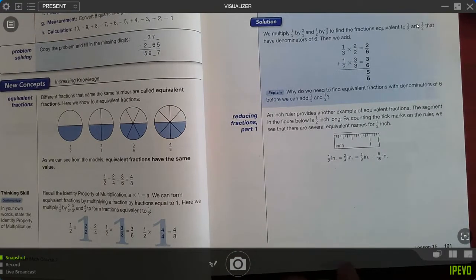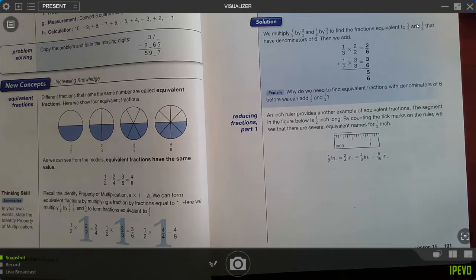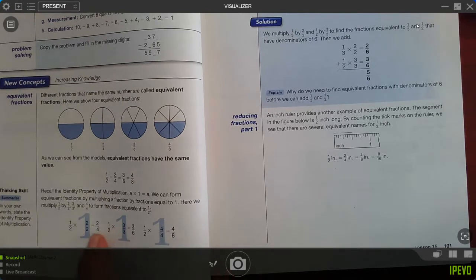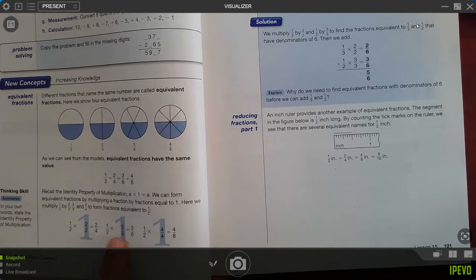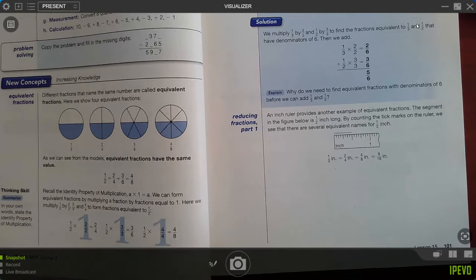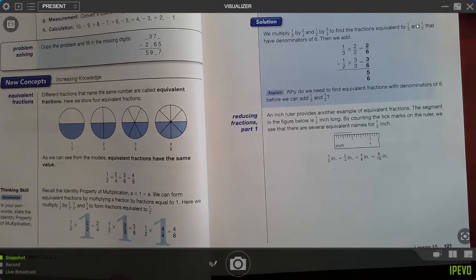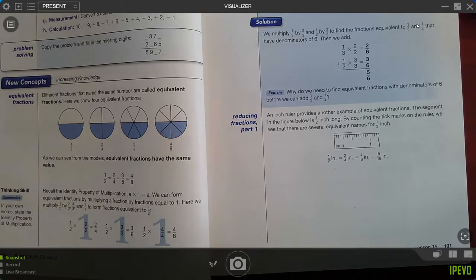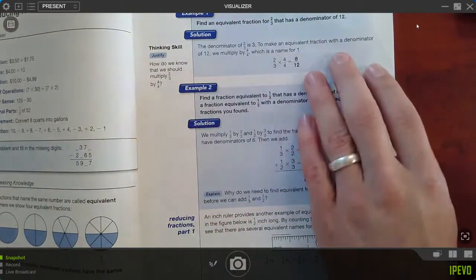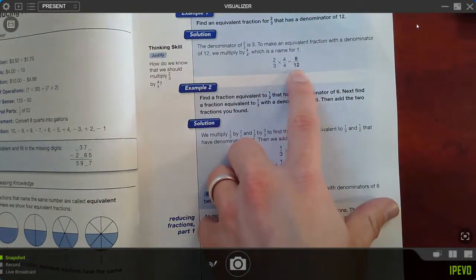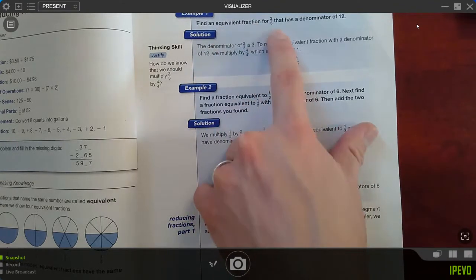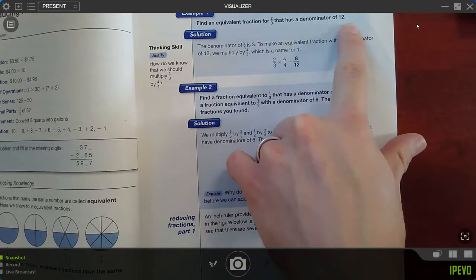When you're doing the equivalent fractions, you just multiply both top and bottom number by the same number. So both numbers by 2, both numbers by 3, both numbers by 4. You could do both numbers by 5 and get 5/10. You could do both numbers by 6 and get 6/12. Okay. Over here, we're able to see find an equivalent fraction for 2/3 that has the denominator, the bottom number, of 12.